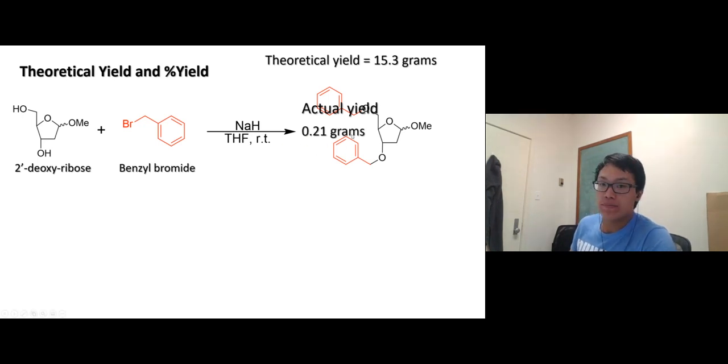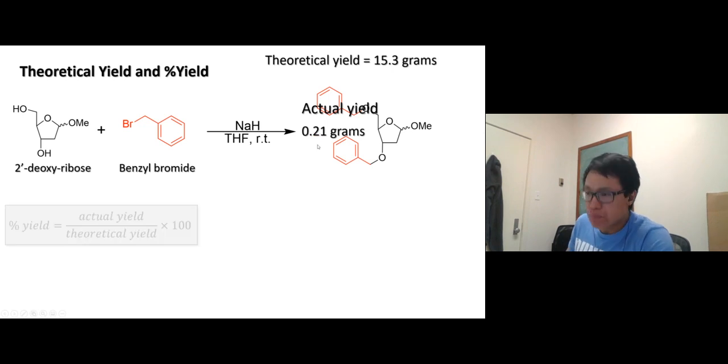That's the actual yield. That's real low. I expected something close to 15.3. You're not going to get exactly 15.3 because you lose some somewhere, maybe on glassware or when you transfer the product. But I probably expected maybe 12, 13 grams. But I got only 0.21 grams.